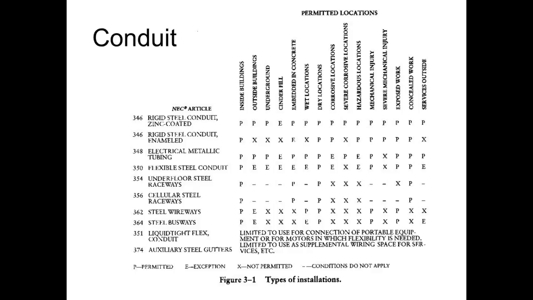You'll see that used a lot. It's a lot like what you do when you run copper plumbing. Most of the time you don't bend copper plumbing. You buy an elbow or a 45 or whatever you want and do it that way. So that's most of the time you do that with RMC.